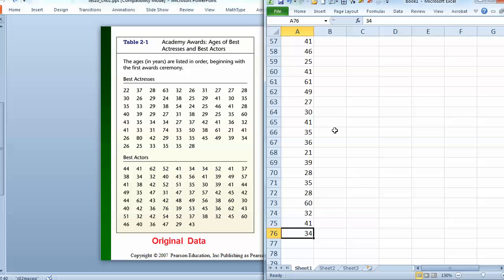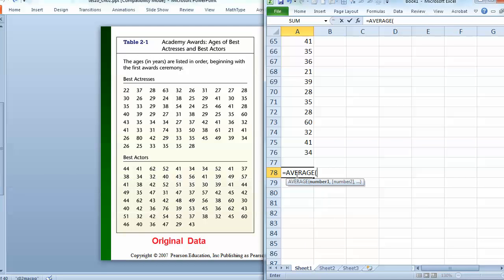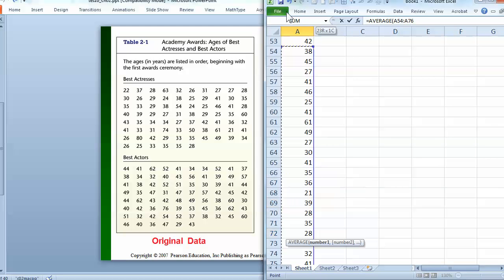To demonstrate this, I'll go ahead and take the Academy Award winners for the Best Actress Award and add all their ages into this list here on Excel, where I can very quickly calculate the arithmetic mean, and then the standard deviation.